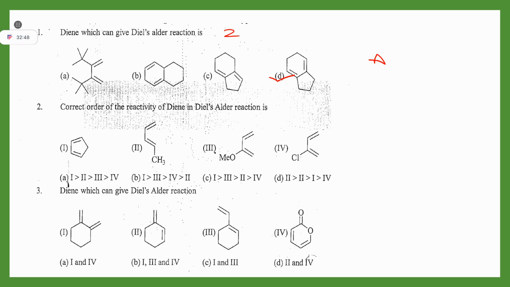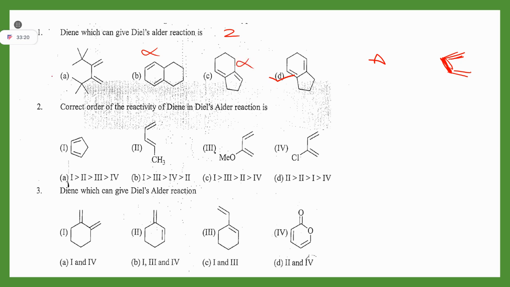It should be electron rich, of course, and another is that it should be in the cisoid form. Very good. The first condition is that it should be cisoid. Cisoid means these double bonds should be cis around this single bond. See, in this case they are not conjugated at all, so we can cut this option. In this case they are trans to each other.